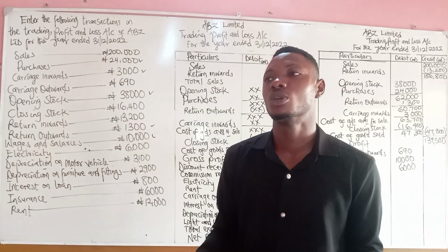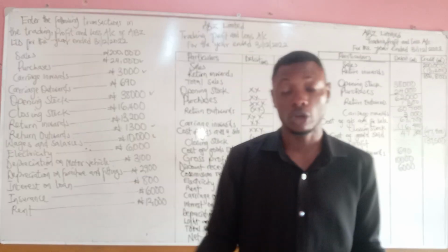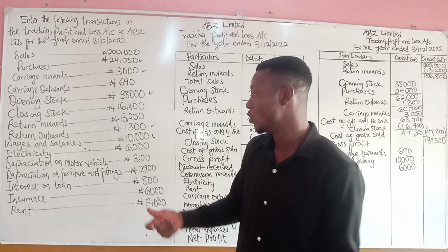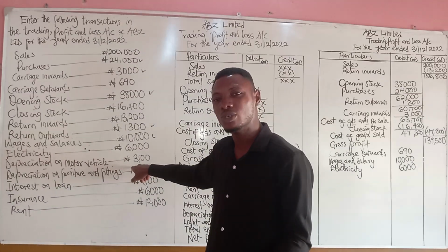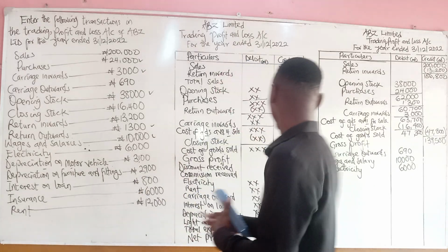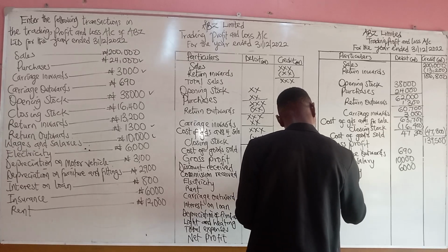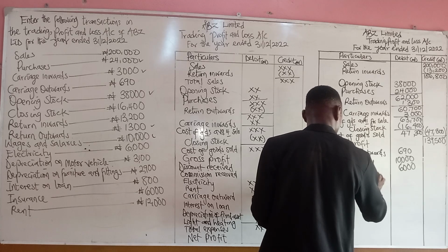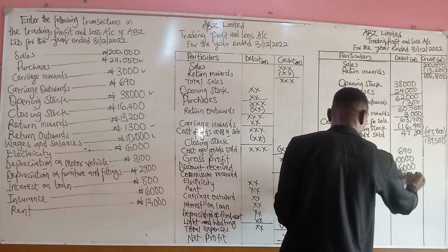Say depreciation on motor vehicle is to be charged at 10% on the cost of motor vehicle, or 5% on the cost of motor vehicle. But this is depreciation of motor vehicle, meaning we are using this figure because it has been calculated for us. So I have depreciation on motor vehicle, which is 3,100.